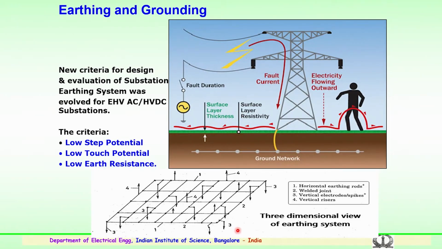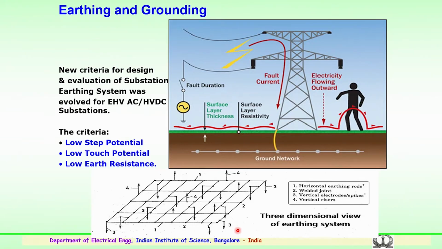The criteria for evaluation of substation grounding is that it should provide a low step potential, a low touch potential and also low earth resistance. These are 3 important factors: step potential, touch potential and earth resistance are very important in any substation.